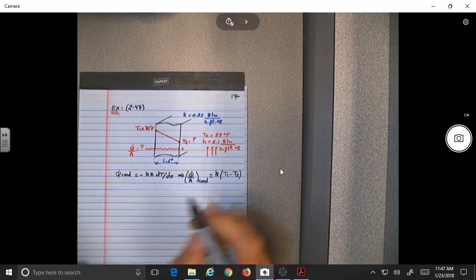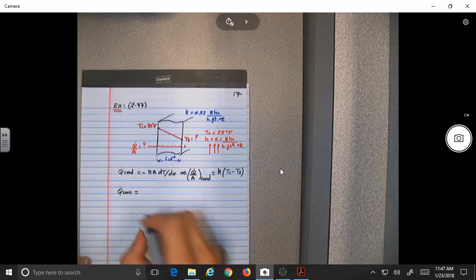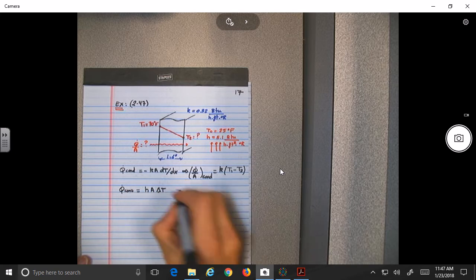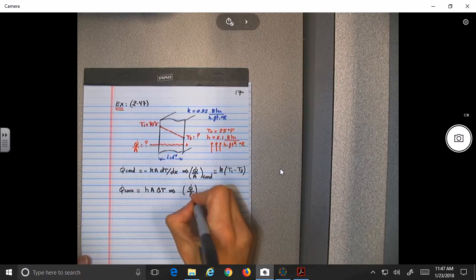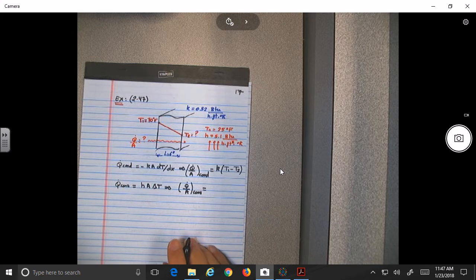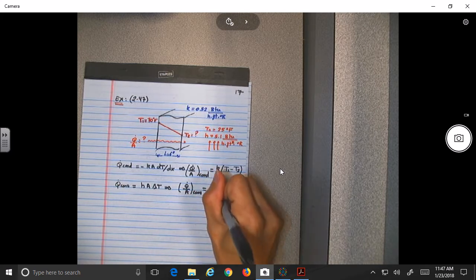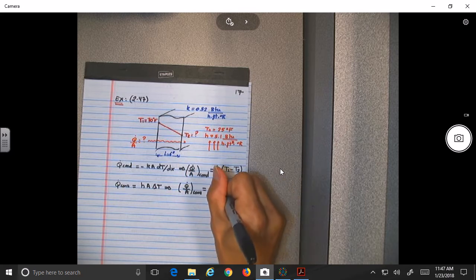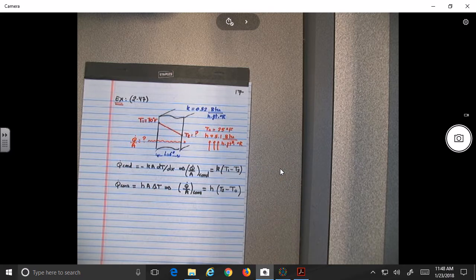So we have Q convection is equal to hA delta T. So this will give you Q dot over A convection equal to h of what? What is hot will be T2 minus T0, which is the temperature of the air, no?